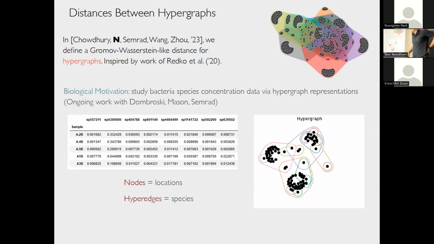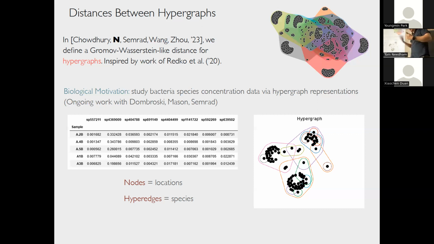Okay, so there's some biological motivation here. Working with an ecologist, Olivia Mason at FSU, she has all this really interesting data where she collected species concentrations at various locations in the Gulf here in Florida. Also environmental measurements at each of these locations.